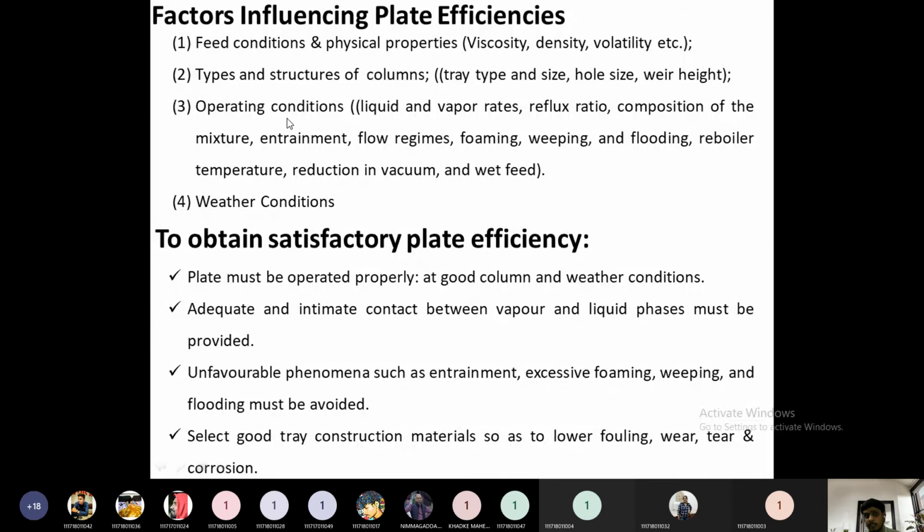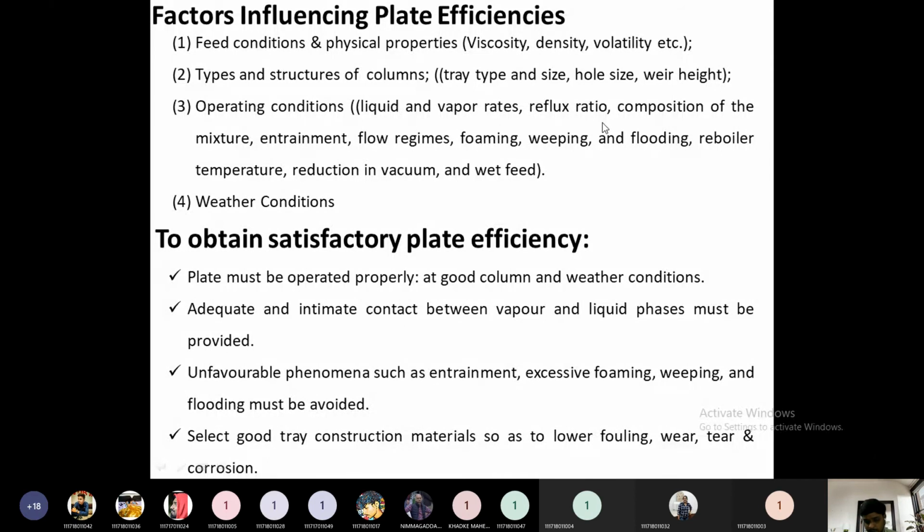Then the next parameter is the operating conditions, like liquid and vapor flow rates, L and V. Then the reflux ratio, R is equal to L by D. How that reflux ratio is operating matters, because during calculation of the ideal plates we were given the feed plate location and the reflux ratio.